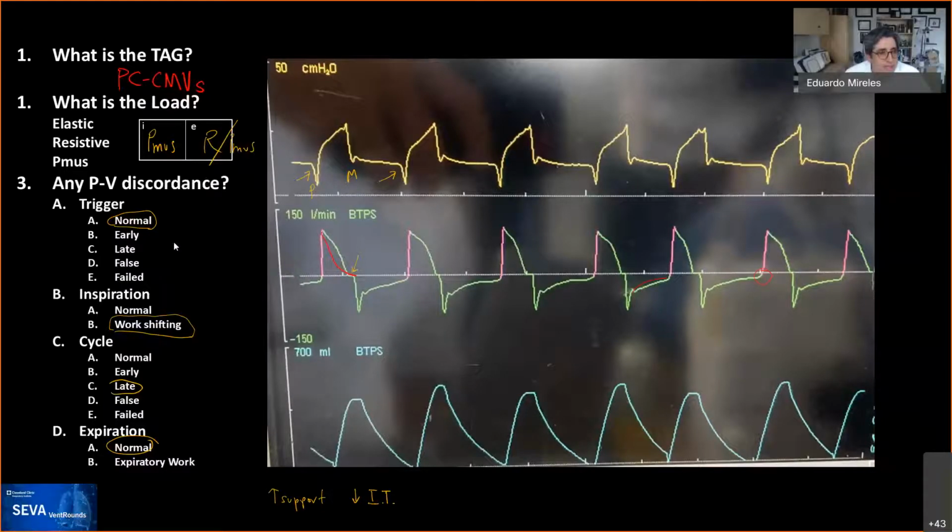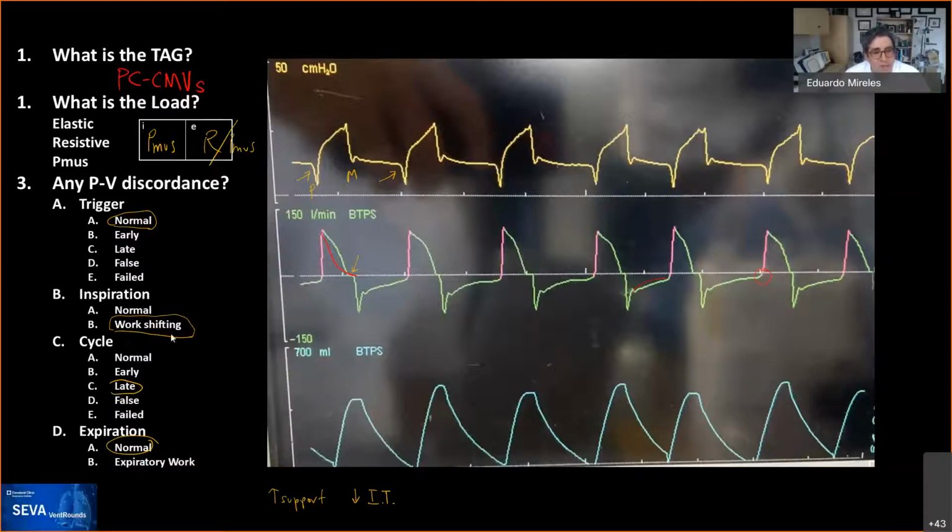Then there is the PV discordance. We talk about the trigger. I think it's normal. I agree with you. Even though there's this big drop, the machine is pressurizing and delivering flow immediately when it crosses the baseline. So that makes me think that this is just intrinsic patient effort, and the ventilator is trying to pressurize as fast as it can.